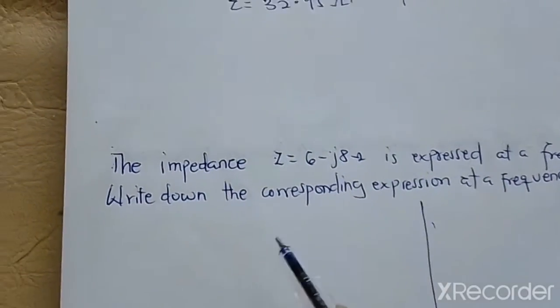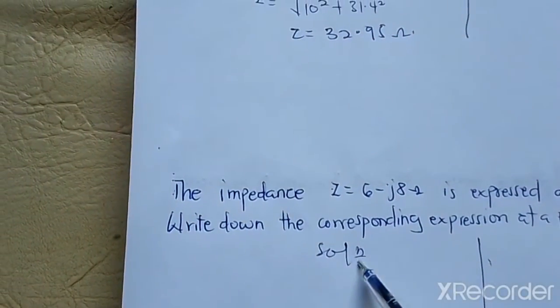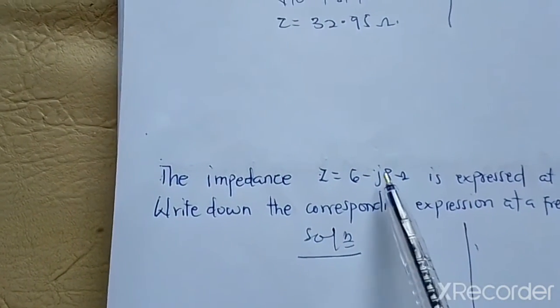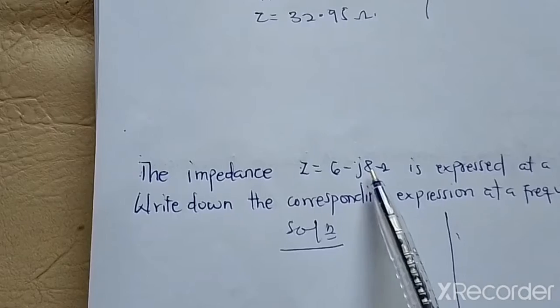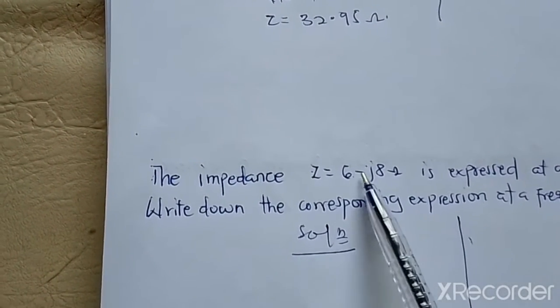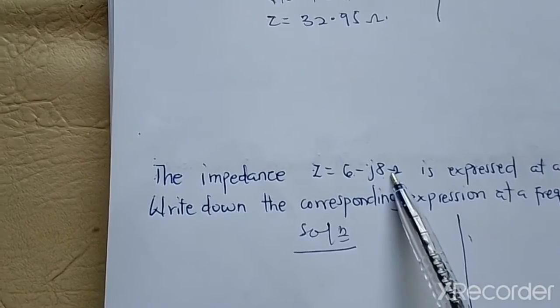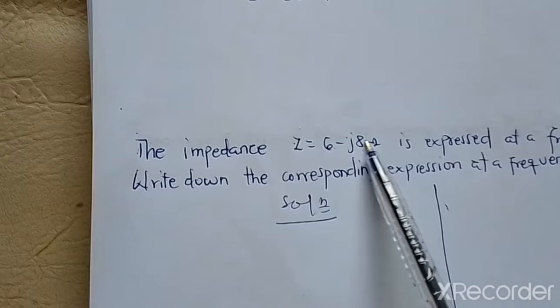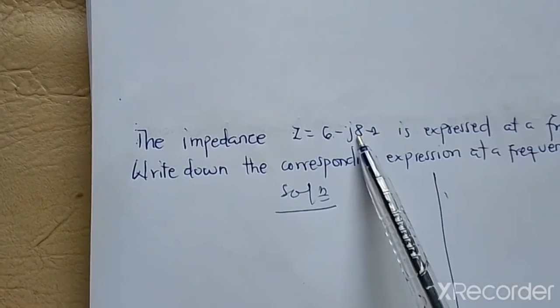From here, we know that if an impedance is in complex form, the complex part is either inductive or capacitive; when it's negative it is capacitive, and when it's positive it is inductive. Since it's negative, you can see that here is a capacitive reactance.